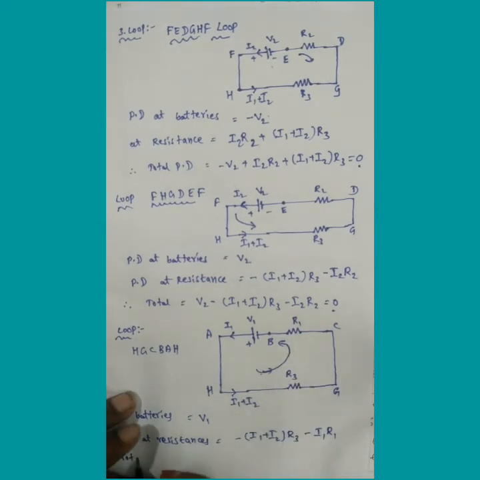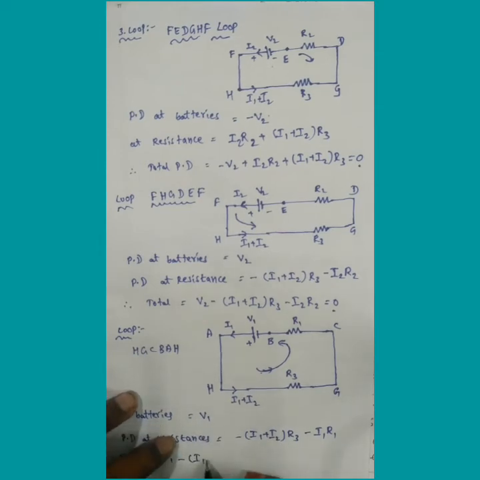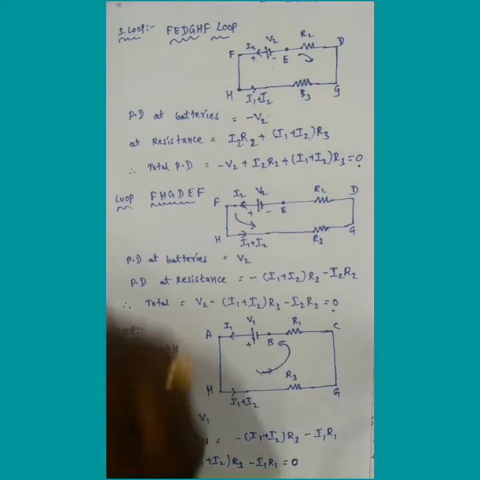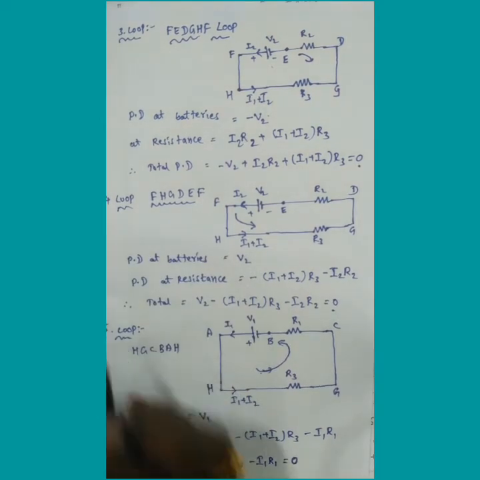Therefore the total is V1 minus (I1 plus I2) into R3 minus I1 R1. According to this circuit law, the potential difference across the loop is 0. This is the fifth loop. Fourth loop and fifth loop.